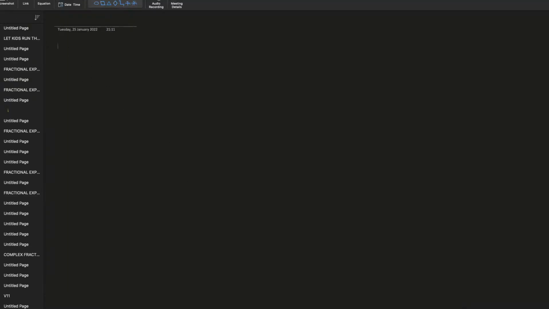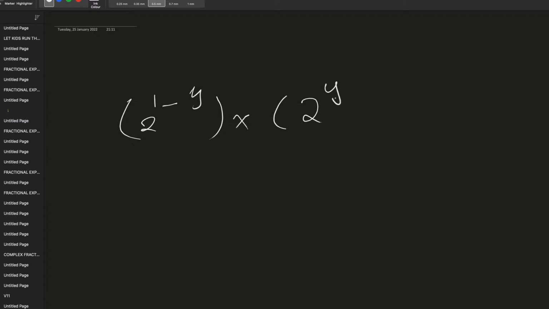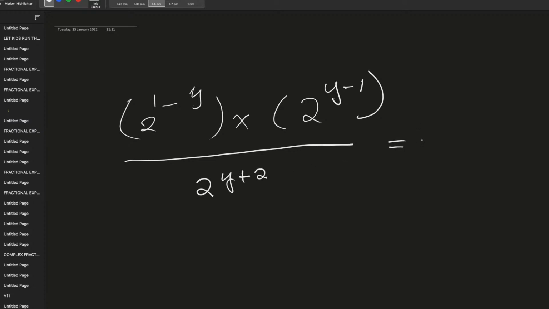The question says we should solve: 2 raised to the power 1 minus y, all this multiplying 2 raised to the power y minus 1, all divided by 2 raised to the power y plus 2, and this is equal to 8 raised to the power 2 minus 3y.